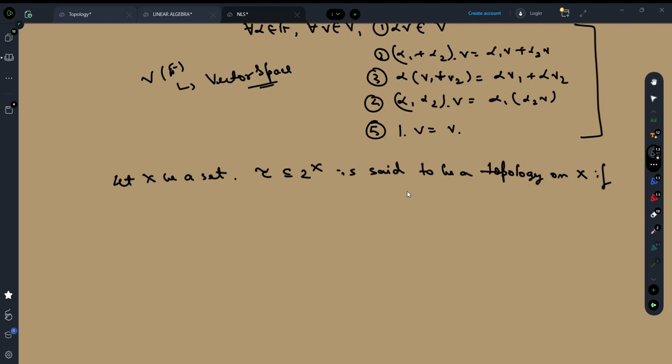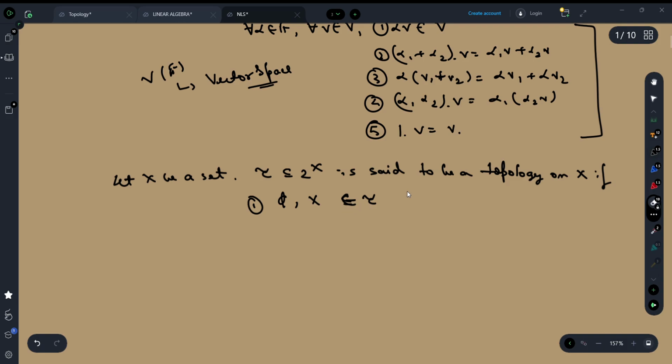if these properties hold. Number one, the empty set and the whole set X are contained in tau, because tau by definition is a collection of sets, so these should be elements of tau.